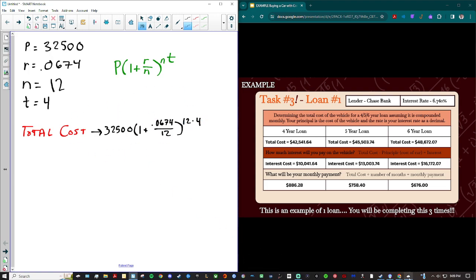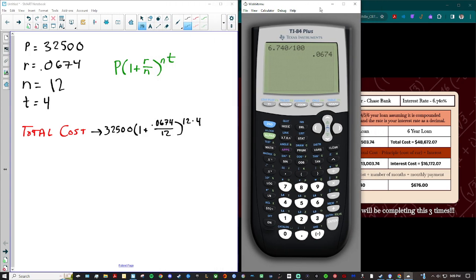So this is going to give me my total cost. I'm going to pull up my calculator and type this in: 32,500 parentheses 1 plus my rate 0.0674 divided by 12, close my parentheses, to the power of 12 times 4.